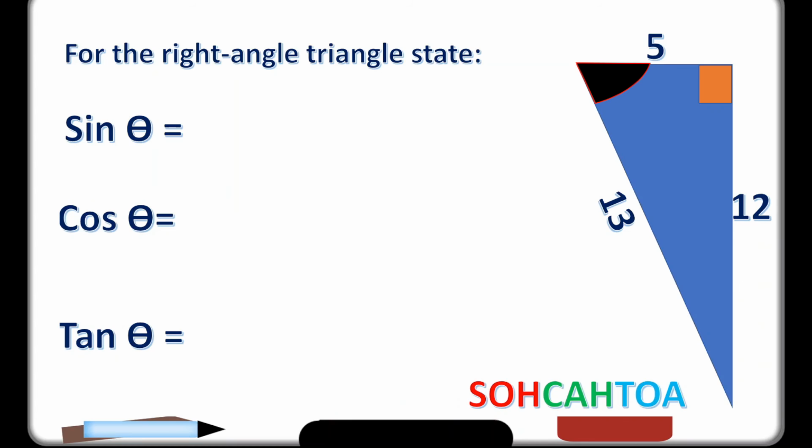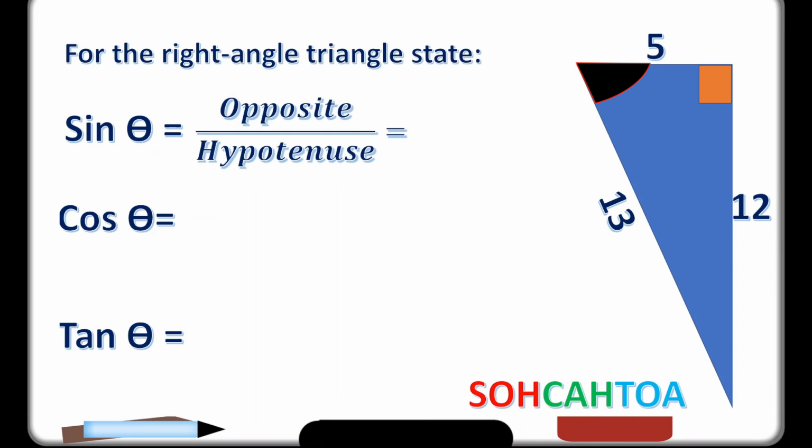Good. So sine theta, that's SOH, is O over H, opposite over hypotenuse. Using the location of our theta in this triangle, we can see that our opposite is 12 and our hypotenuse is 13. So our sine theta is 12 over 13.